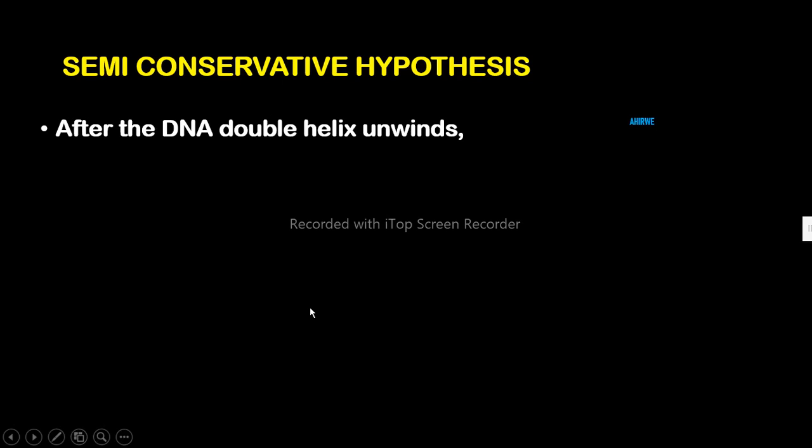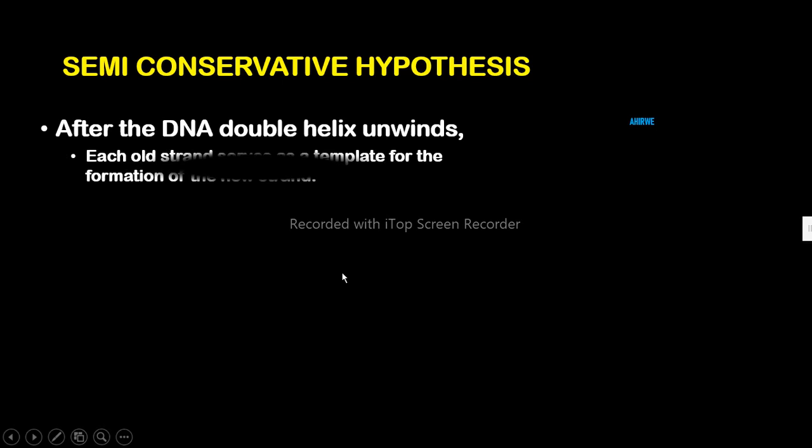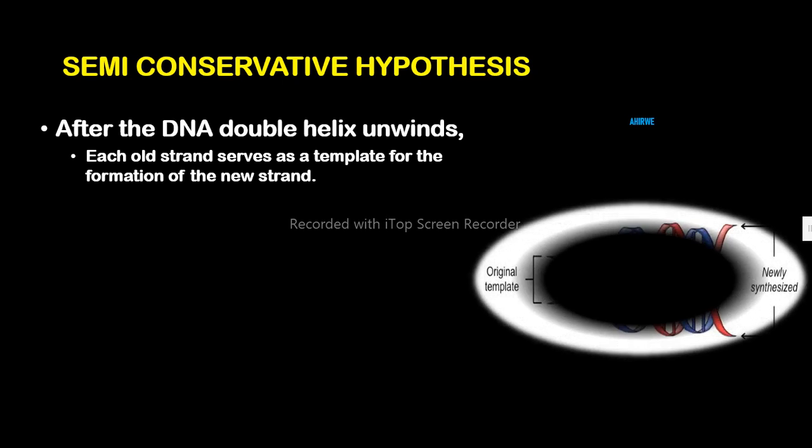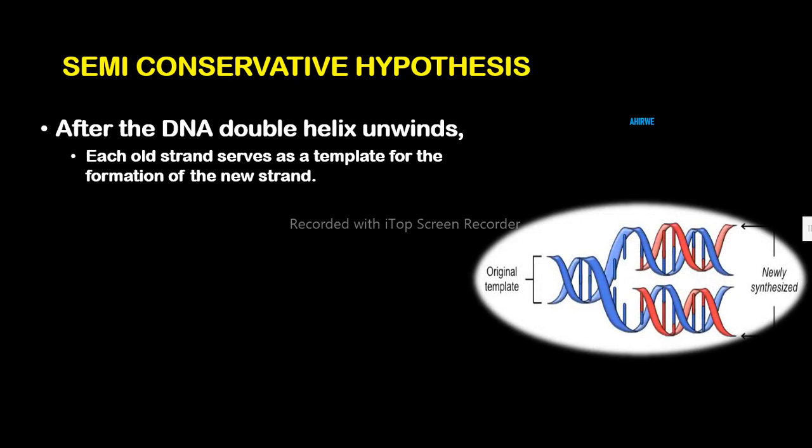So after you've unwound the double helix and you've copied it, each old strand serves as a template for the formation of a new strand. We have appreciated that as far as DNA replication is concerned. And you form a new strand of DNA.